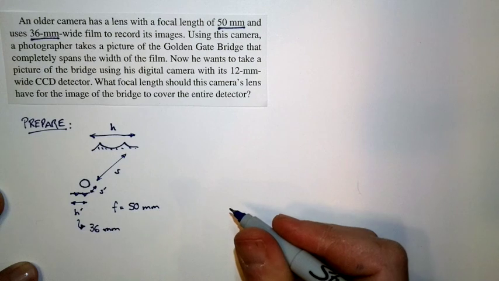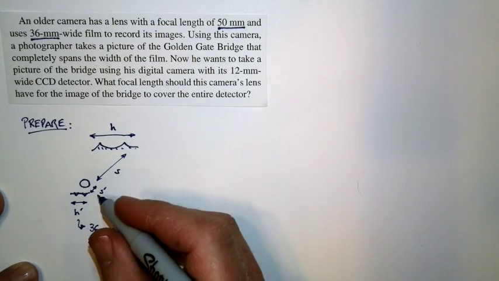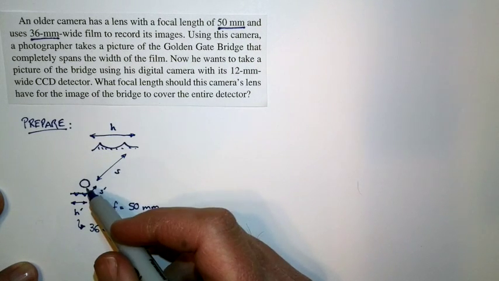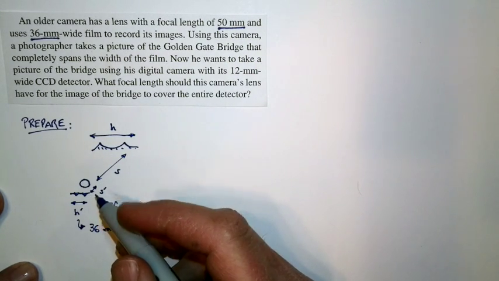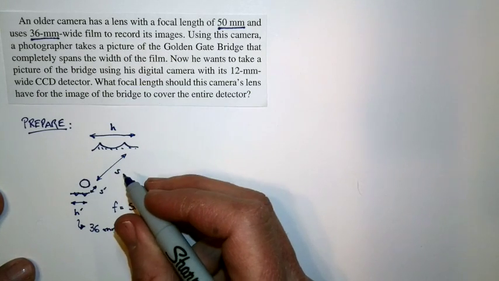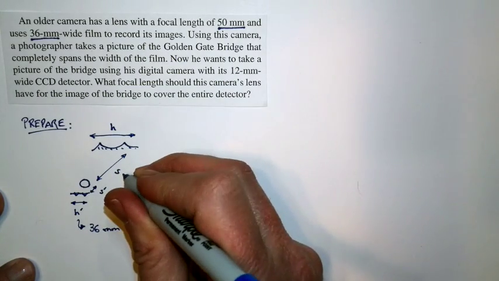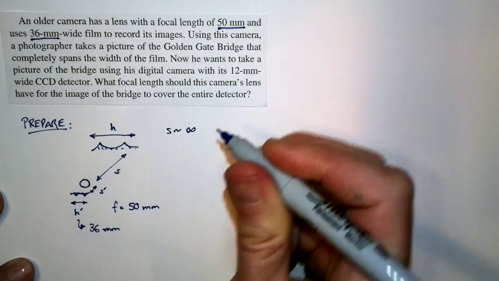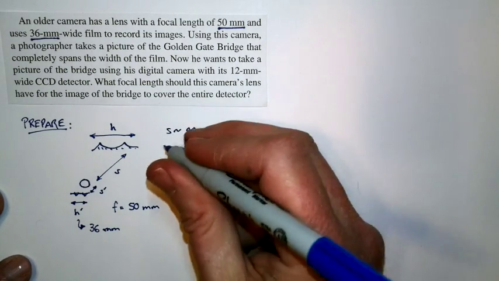Okay, that's what we're told. We can say a couple of other things as well. Look, the focal length is 50 millimeters. How far is he back from the Golden Gate Bridge? Oh, let's say an awful lot more than 50 millimeters. And so this distance here, S, we can assume that's approximately infinity. Okay, in terms of this problem, it's not going to make any difference.